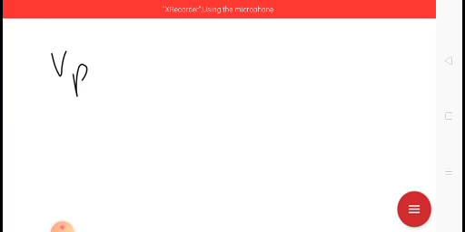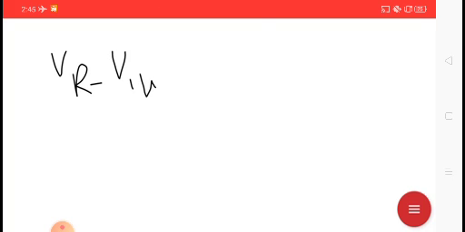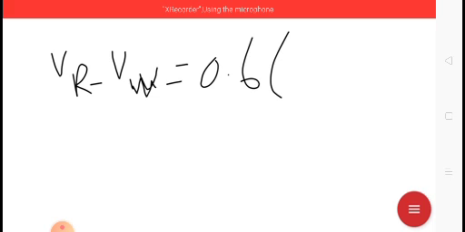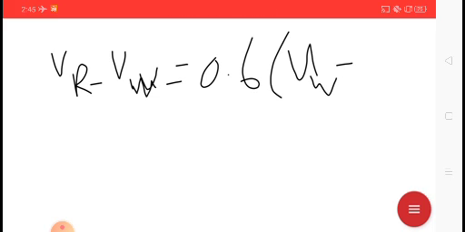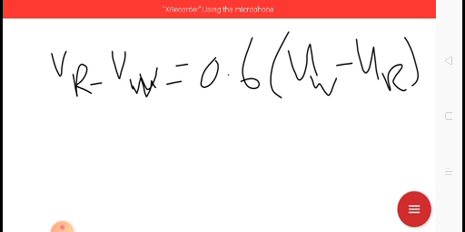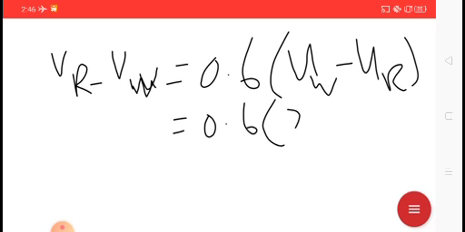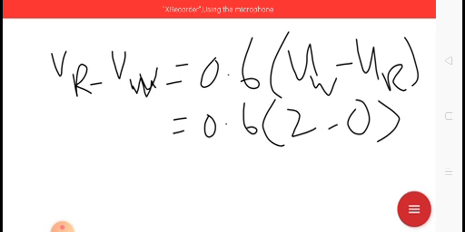We can use VR minus VW equal to 0.6 times (UW minus UR). Simplifying, 0.6 times (2 minus 0) is 1.2.